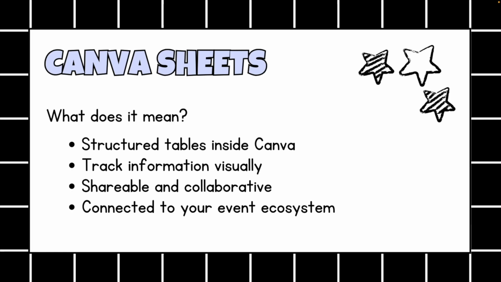I'll show you that in our live hands-on demo, all right? More importantly, they will allow you to track information visually, which is, I believe, how most planners' brains actually work, right? And the great thing is, just like everything in Canva, they are collaborative and, most importantly, connected to the wider event ecosystem that we are creating, right?